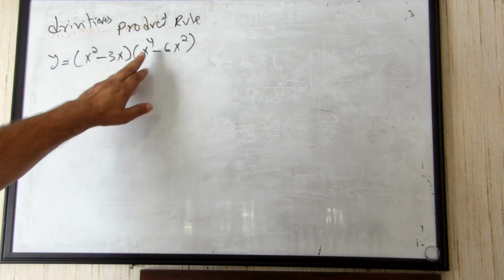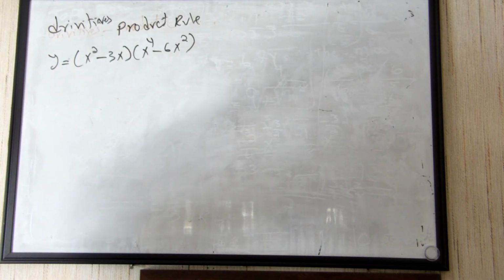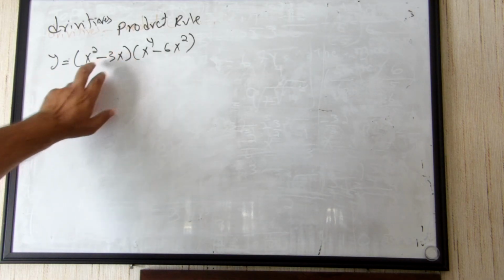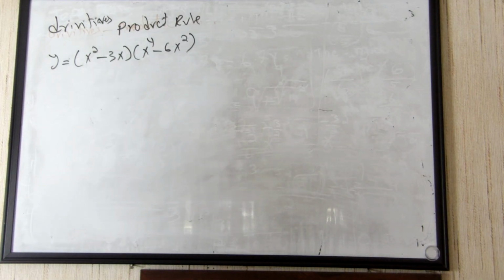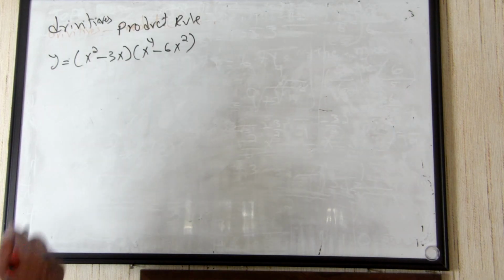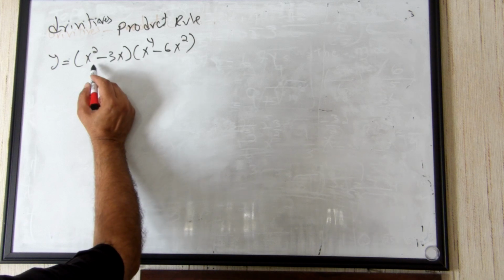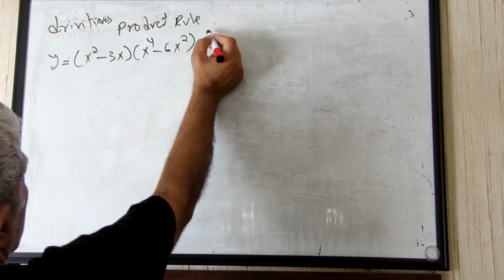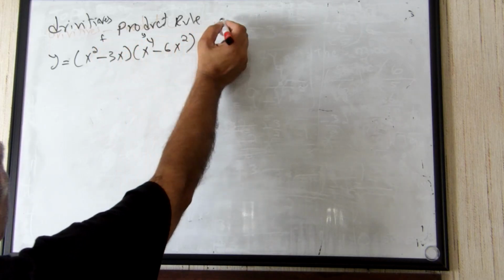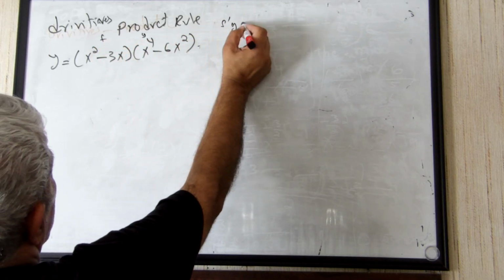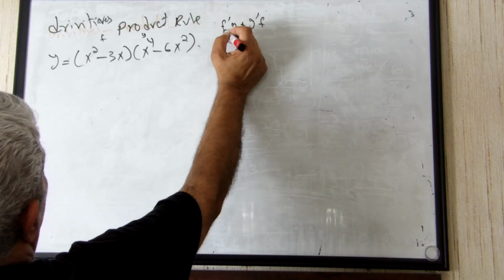This is x to the power of 4, and this is x to the power of 2. And so what we do, we say the derivative of this one times this one. If this is f and g, this is f prime times g plus g prime times f.